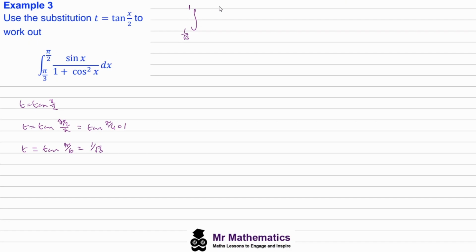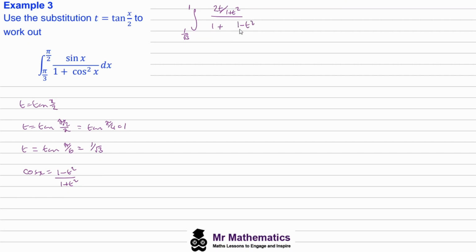The sine of x we know is 2t over 1 plus t squared, over the 1 plus cos squared x. But if cos x is 1 minus t squared over 1 plus t squared, I can square each the numerator and the denominator.